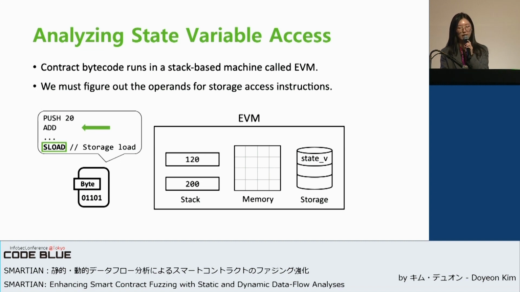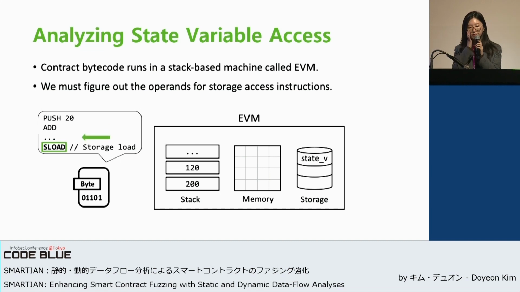For this, we analyze the semantics of every instruction and trace how the stack and memory change along the execution. In the end, we can find out which operand is on the stack when the sload instruction is executed. And this instruction will use its operand as the storage address to access.